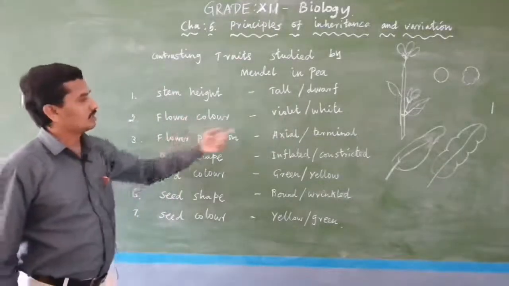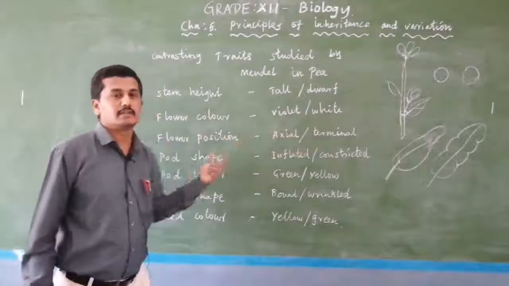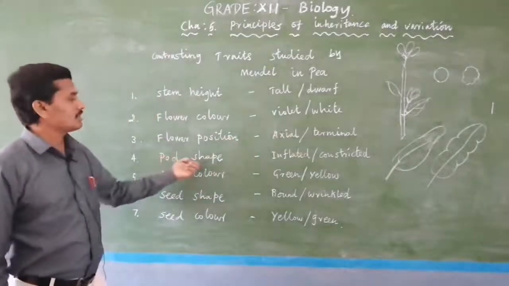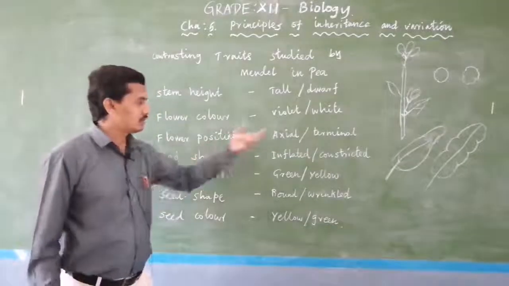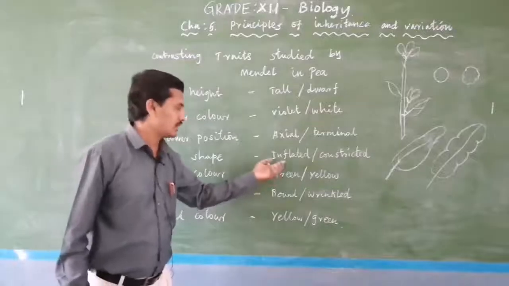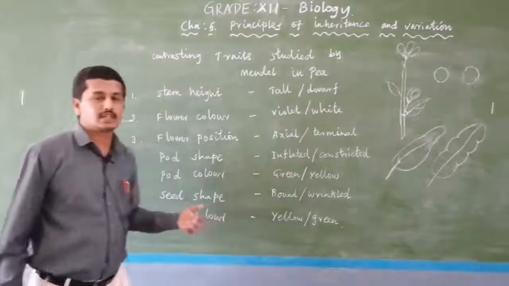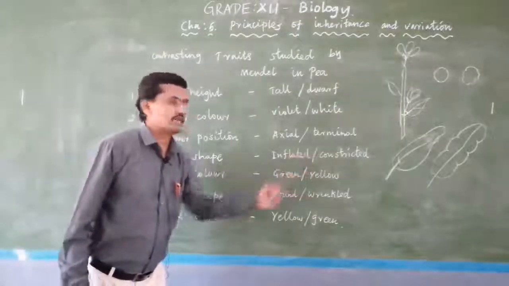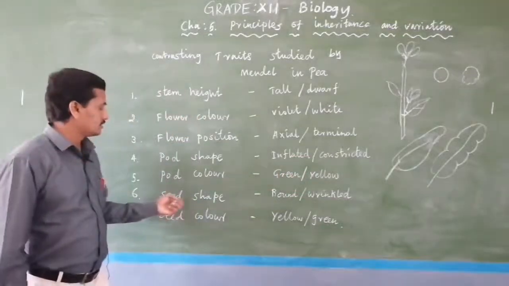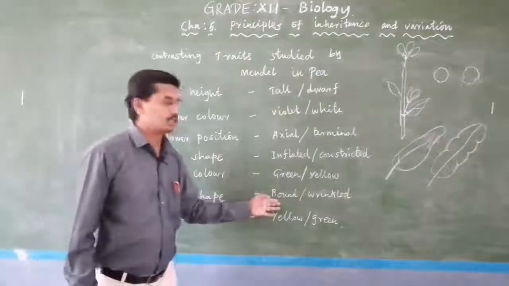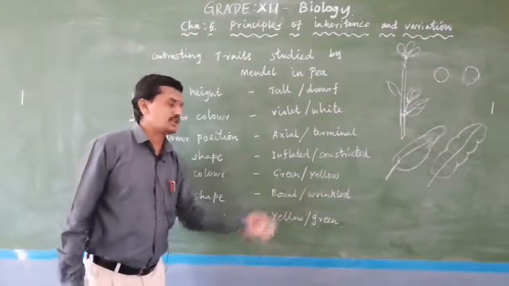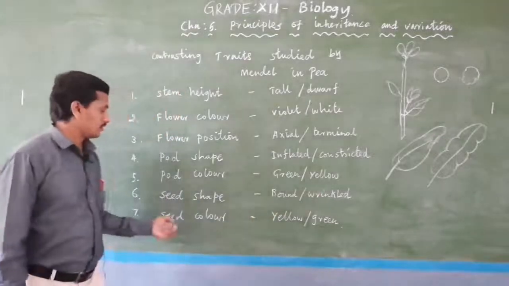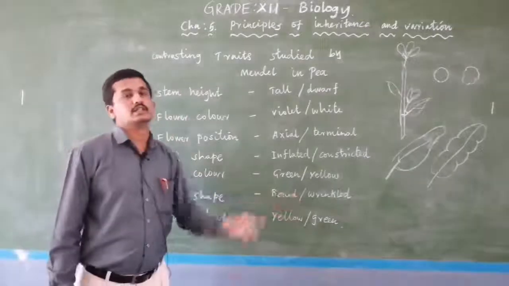Flower position also, axial flowers and terminal flowers. Pod shape means fruit shape, inflated pod and constricted pod. And pod color, green and yellow, 2 variations. And seed shape, round seeds and wrinkled seeds. And seed color, also yellow and green.